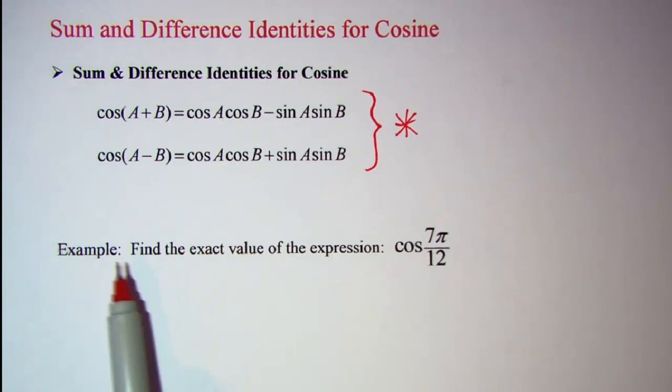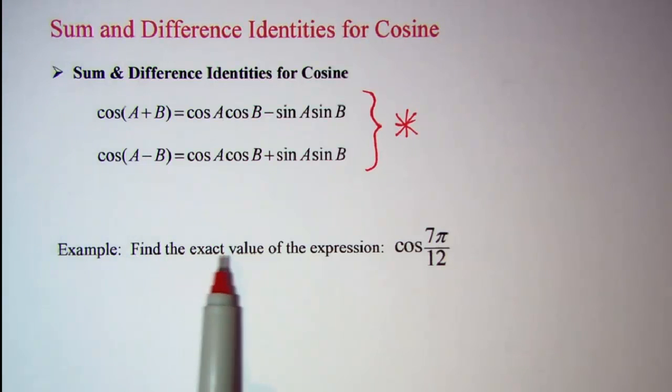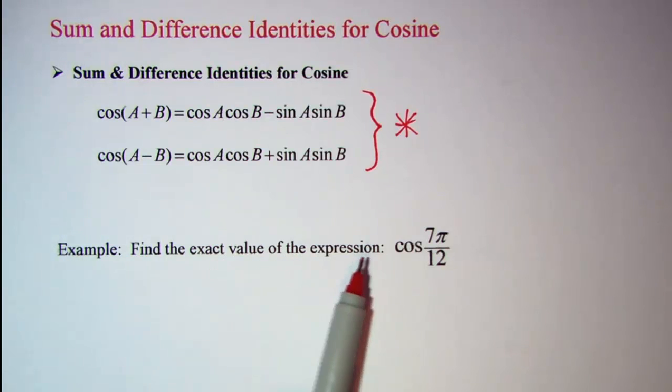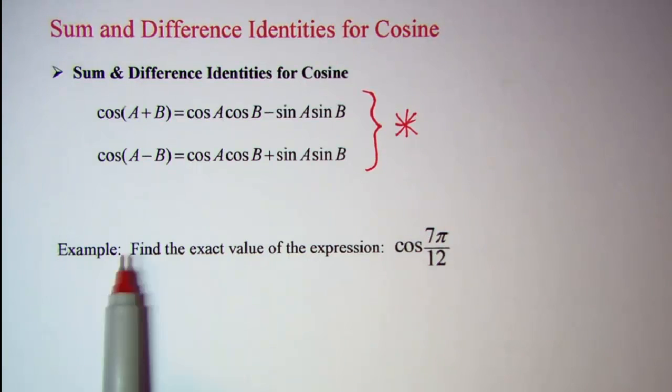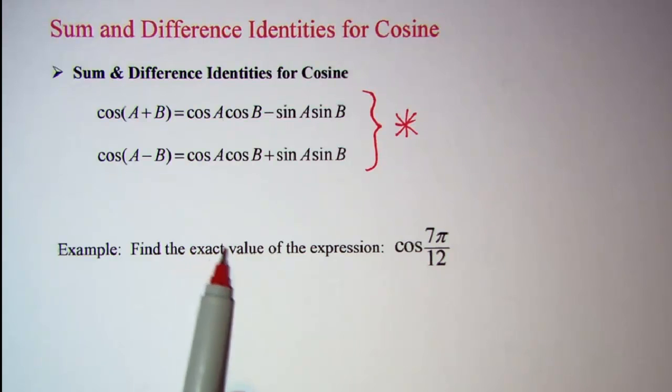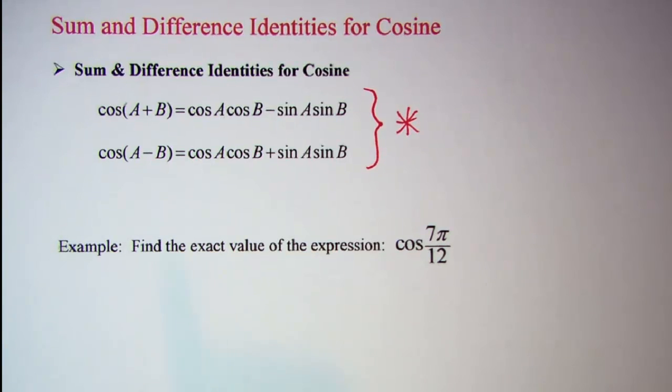The example that we'll be working is: find the exact value of the expression cosine of 7 pi over 12. Now, because this word exact is in here, that means we're going to need to use our special angles. And I'm going to write those over here on the side.